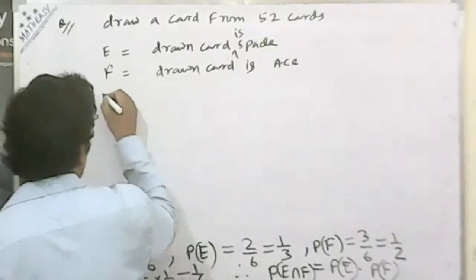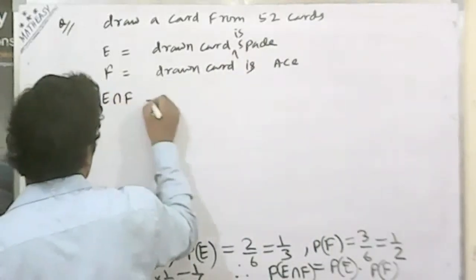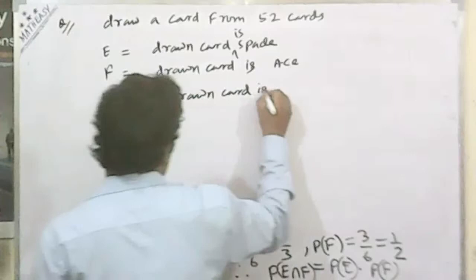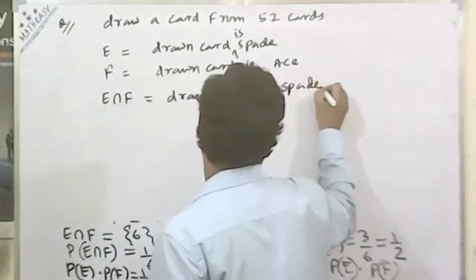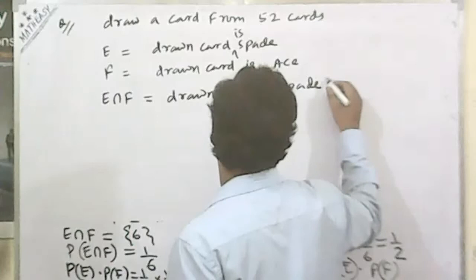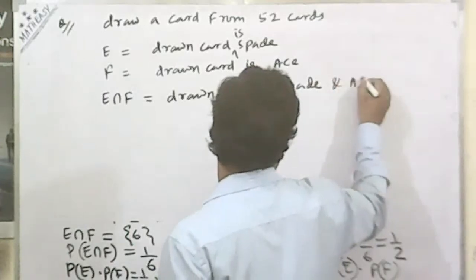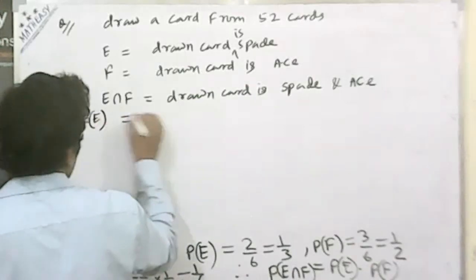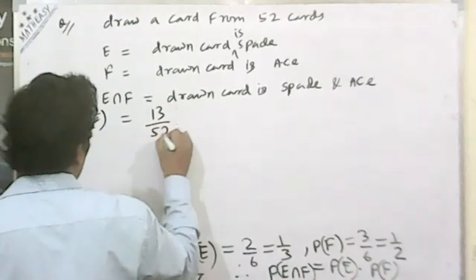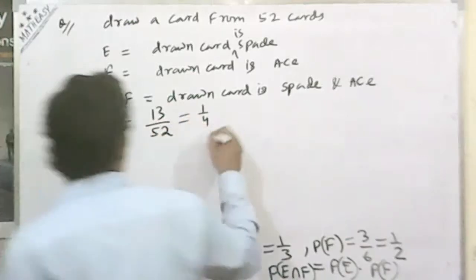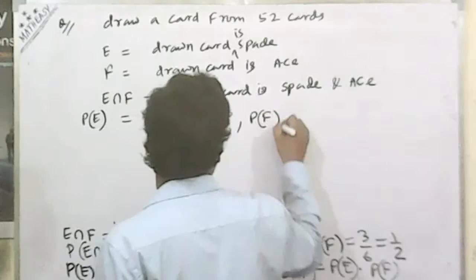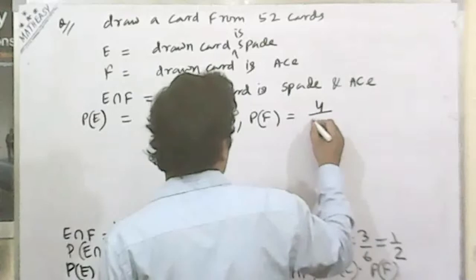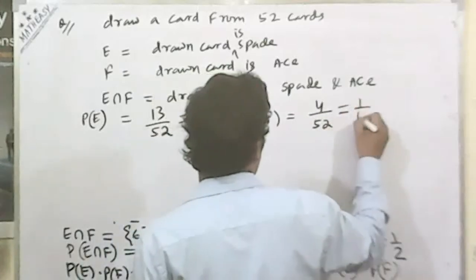That means E intersection F, drawn card is the spade as well as ace. That means probability of E is equal to 13 by 52, means 1 by 4. Probability F is equal to 4 aces are there, that is 4 by 52, means 1 by 13.